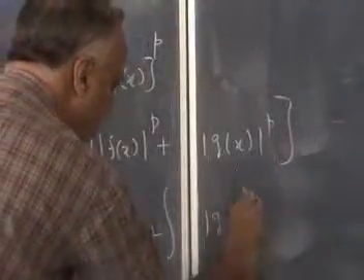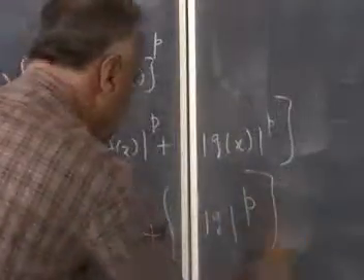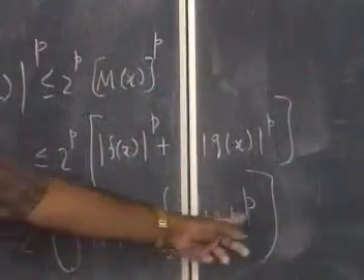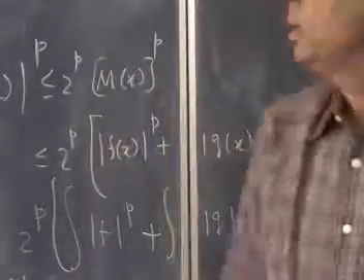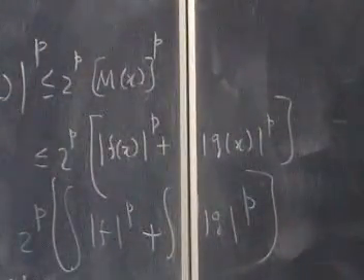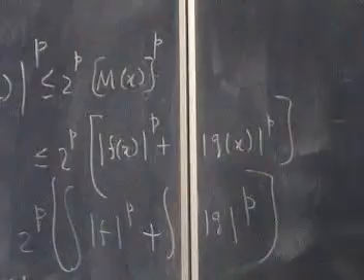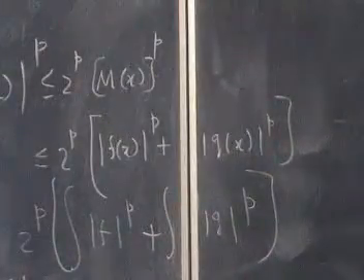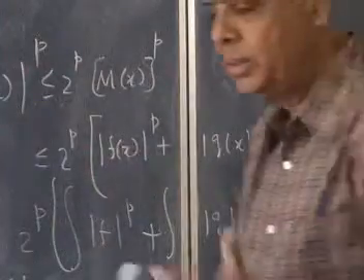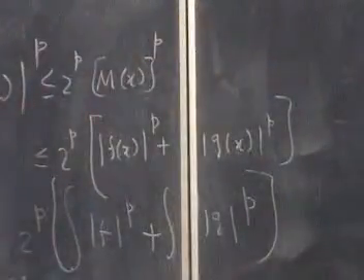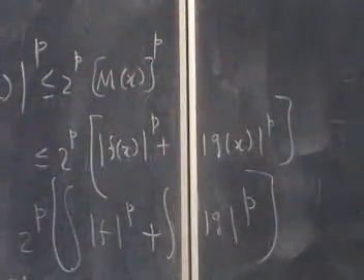And both are finite. Why? Because f is in LP, g is in LP. Therefore, f and g in LP implies f plus g in LP. So this collection of LP functions is closed under addition.